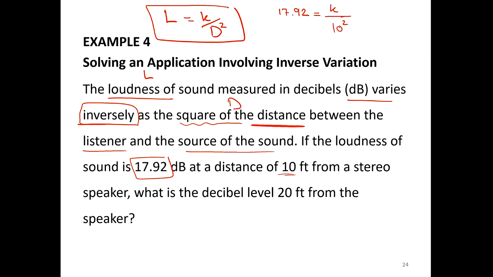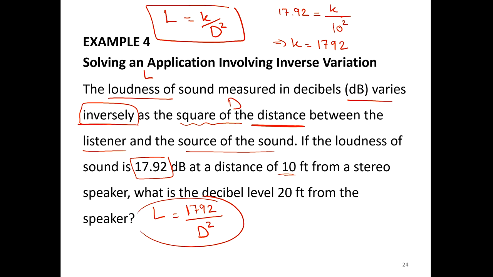So to find K, K equals 17.92 multiplied by 100, so we have 1792. This is the value of K. So L equals 1792 over D squared. Okay, this is the formula.